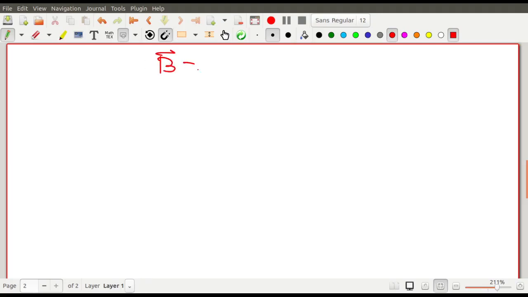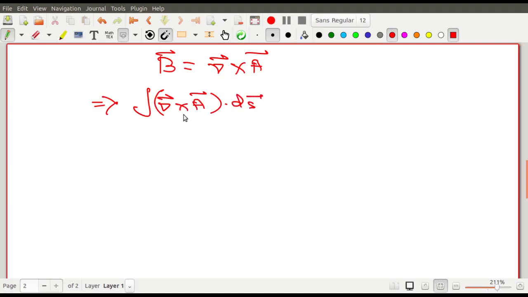Now you know that B equals curl of A, right? Let us take a surface integral over here. So curl of A dot ds, which I am not writing because I have written it already once, and this is B dot ds.